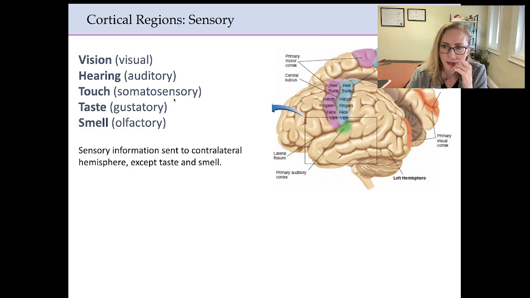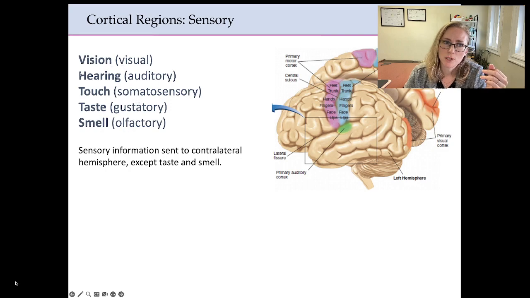Okay. All right. So we started talking about our sensory regions, and taste and smell, you don't need to know where these are, because they're going to be in frontal lobe and they're going to be embedded, and it's kind of hard to find them. So I want you to know all of these regions in terms of what they're called, right? It would be the olfactory cortex or the gustatory cortex.